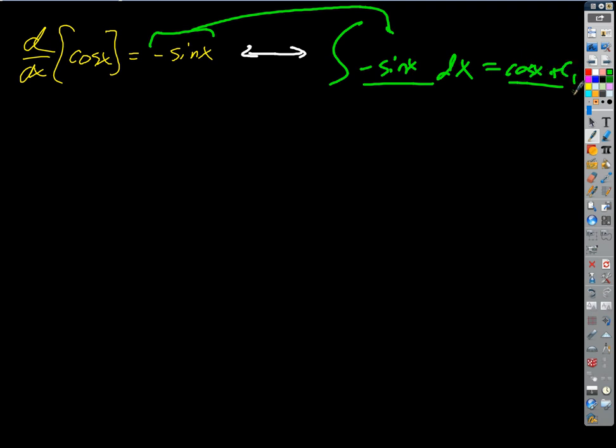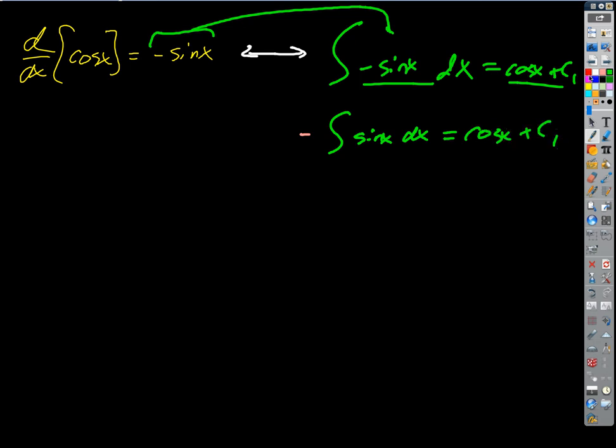But if I'm anti-differentiating the function negative sine x, that's the same thing as multiplying negative 1 times the antiderivative of sine x. So we don't really want to write it that way because it's not very convenient to have the negative sign attached to the sine. What we'd rather do is think of that as being minus the integral of sine x dx equals cosine x plus c1.